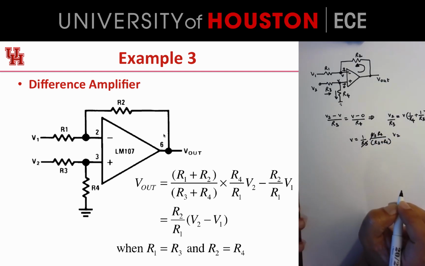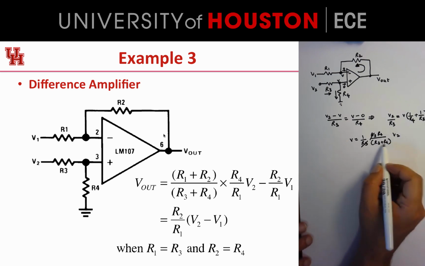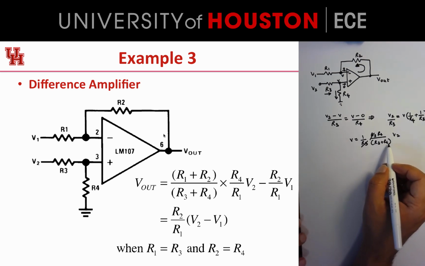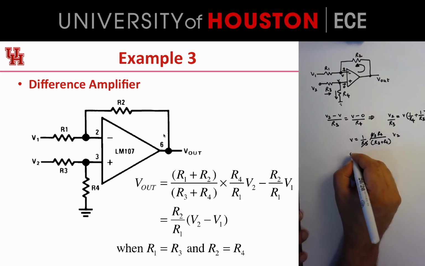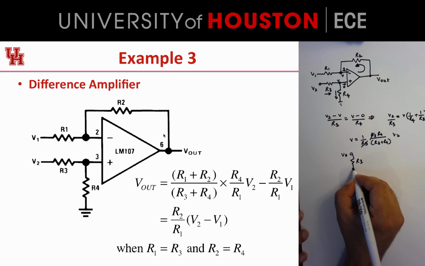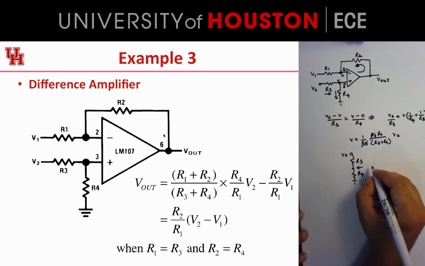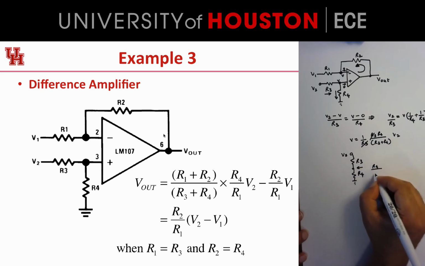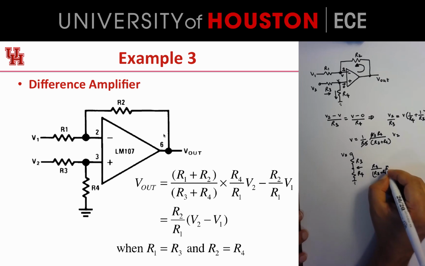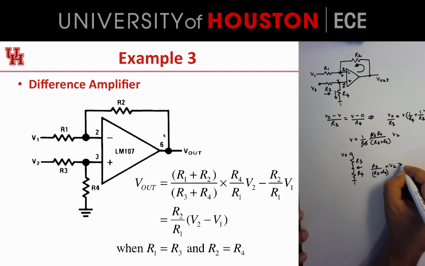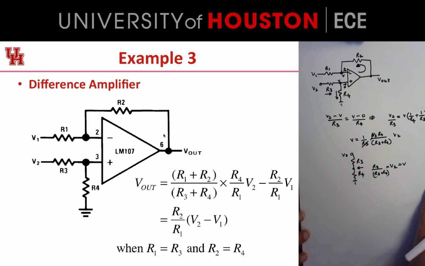Look at that. This is kind of interesting. This is no different from a voltage divider. If you have a voltage divider, V2, and a resistance R3, and a resistance R4, then the voltage at this point is R4 divided by R3 plus R4 times V2, and that's equal to V. So this is good.